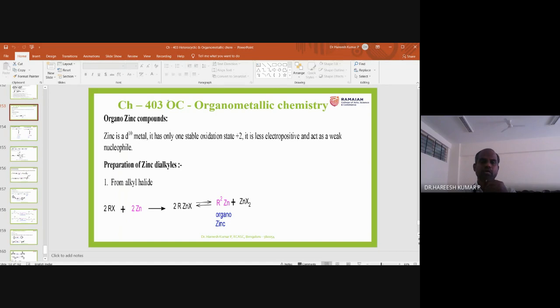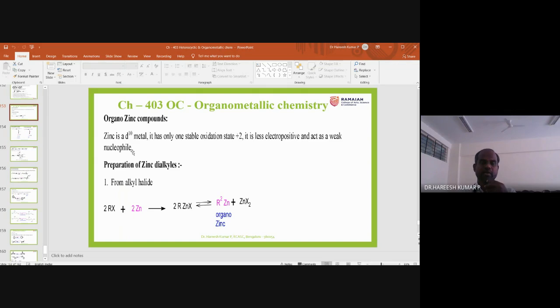How these organo zinc compounds are prepared and how these are useful in organic synthesis compared to the traditional reactions. So in order to look into the organo zinc, first we should know what is zinc. You know that zinc is a metal, more particularly a D block element.